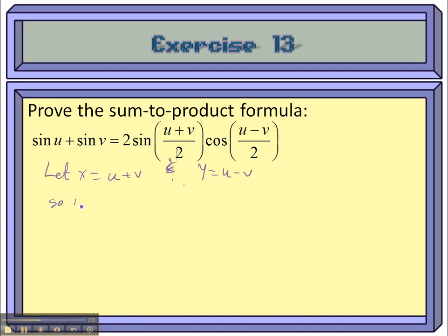So if I were to add x and y together, x plus y equals u plus v plus u minus v. When I simplify that, my v's cancel out. So x plus y equals 2u, and u equals x plus y over 2.